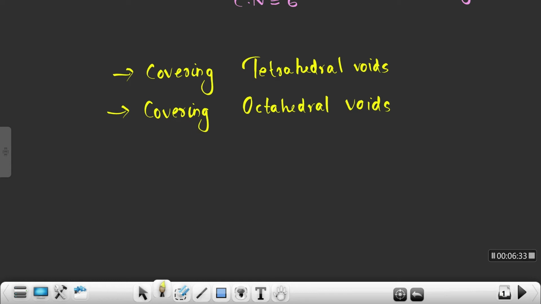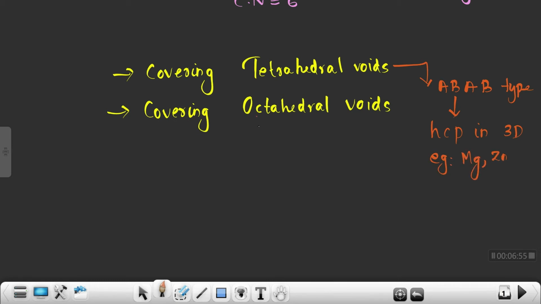So this type of arrangement is called AB type of arrangement, and this is called hexagonal close packing in three-dimensional. The examples are magnesium and zinc.